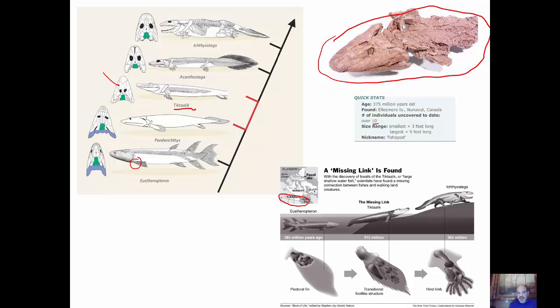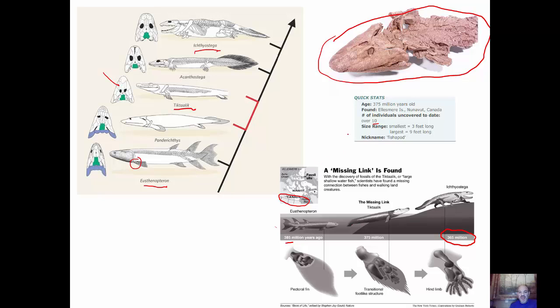But this particular fossil is found about 385 million years ago, and then Ichthyostega right up here was found about 365 million years ago. So there should be a fossil that shows characteristics in between those two individuals.